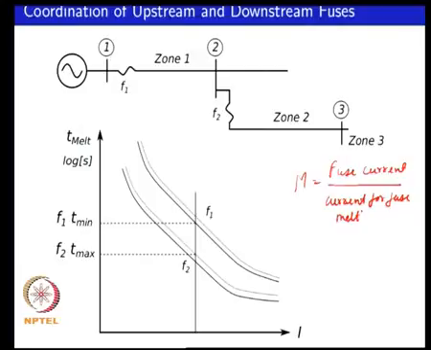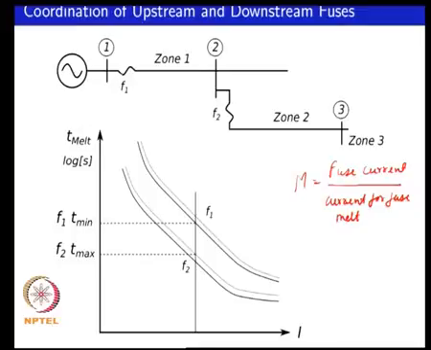So, in this particular case, again we can define zone 1 and zone 2, and we can define what is meant by coordination between fuse 1 and fuse 2. For example, if you have a fault in zone 1, fuse 1 is the device which needs to operate. By coordination, if you have a fault in zone 2, you want fuse 2 to melt without damaging fuse 1. Okay.